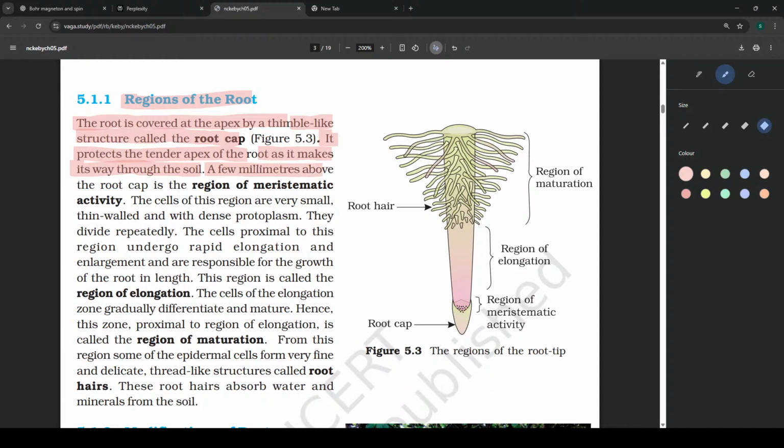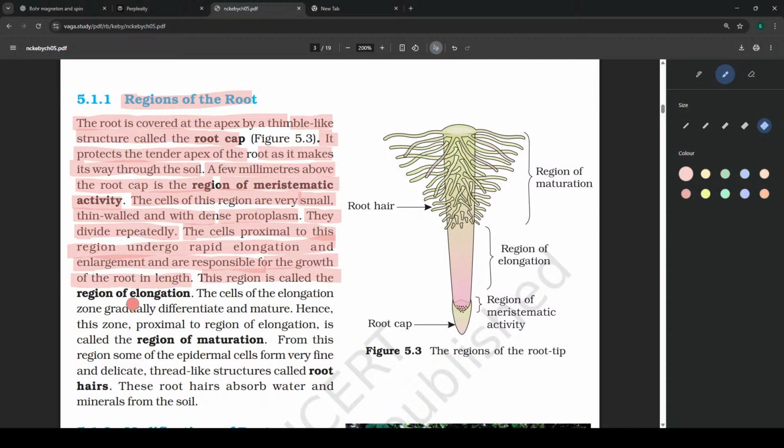A few millimeters above the root cap is the region of meristematic activity. The cells of this region are very small, thin walled, and with dense cytoplasm. They divide repeatedly. The cells proximal to this region undergo rapid elongation and enlargement and are responsible for the growth of the root in length.